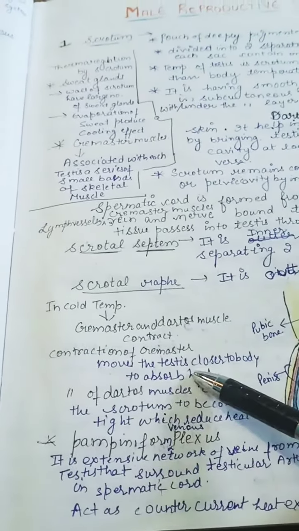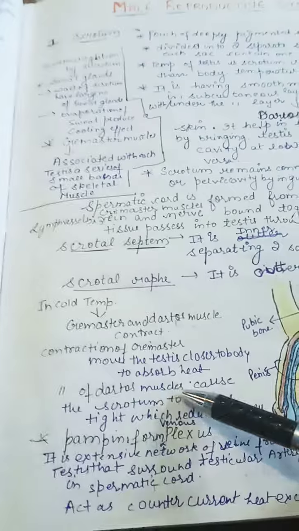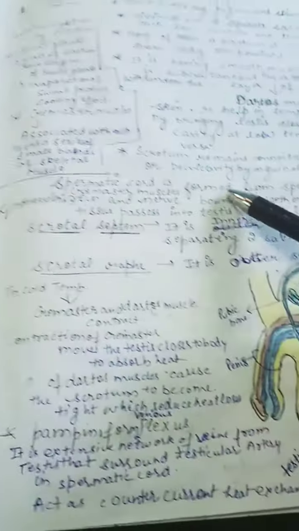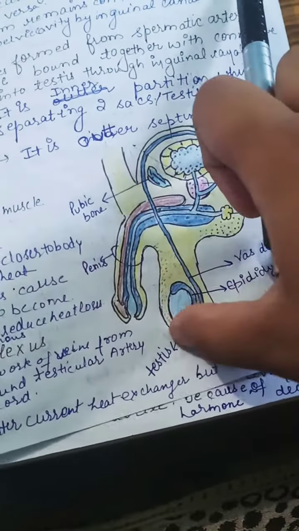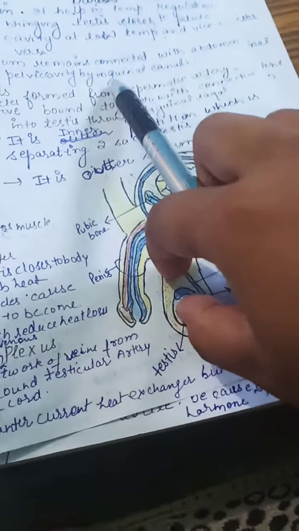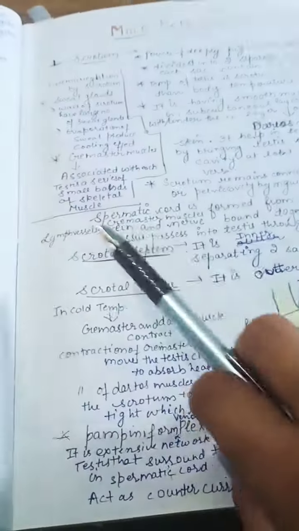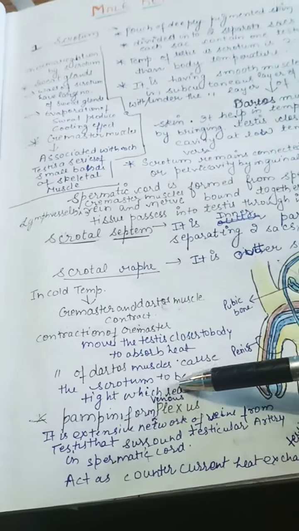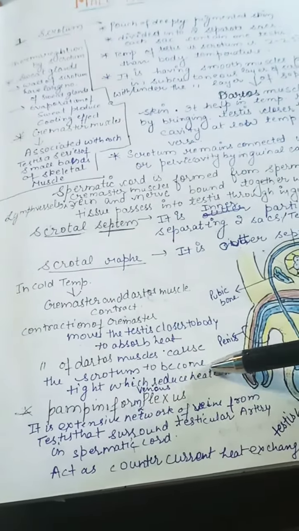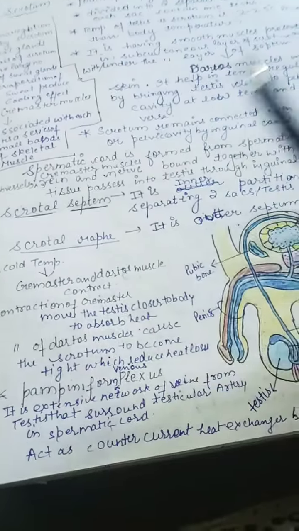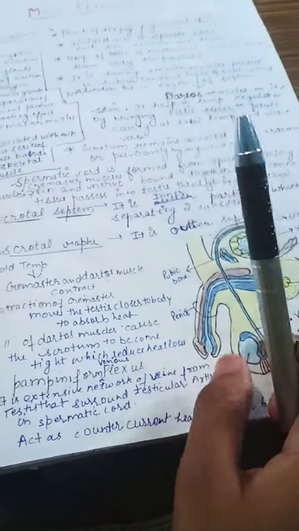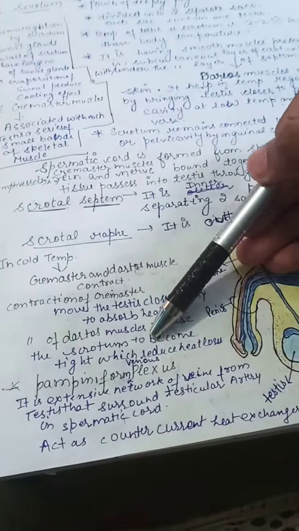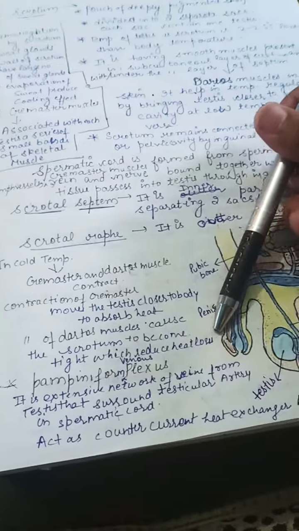Contraction of the cremaster moves the testes closer to the body to absorb heat. Here the cremaster muscles are present; when they contract, they bring the testes closer to the body. When the dartos muscle contracts, it causes the scrotum to become tight, which reduces heat loss. Here the dartos muscles are present; when they contract, they cause wrinkling of the scrotum and help reduce heat loss.